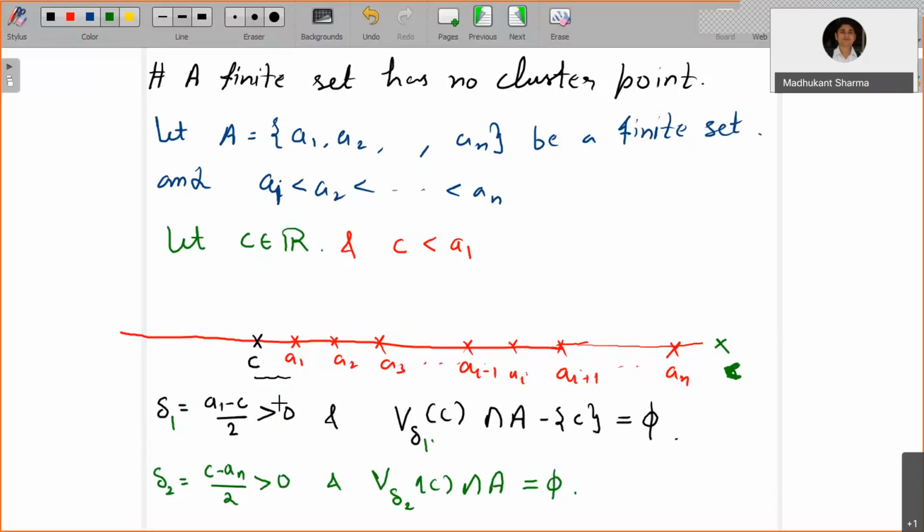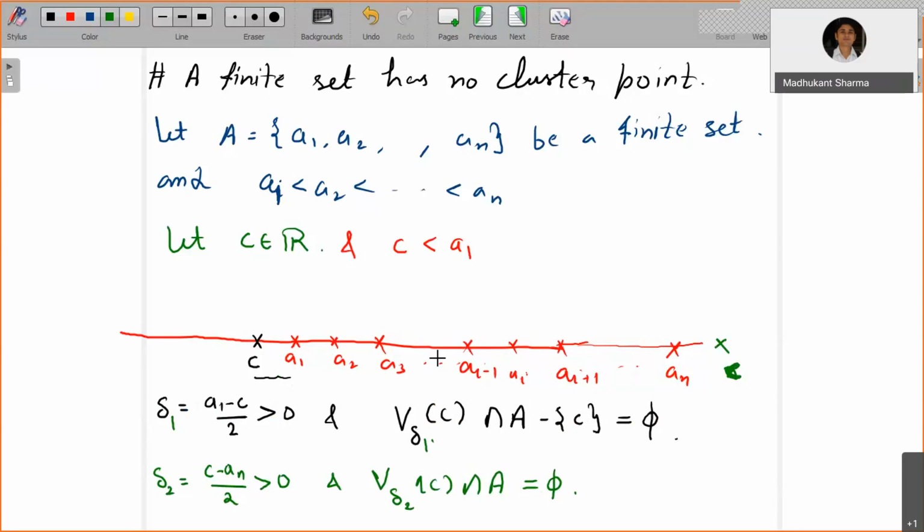So if C lies outside A, meaning on this side or that side, you will always be able to find a neighborhood which does not contain any point of A.